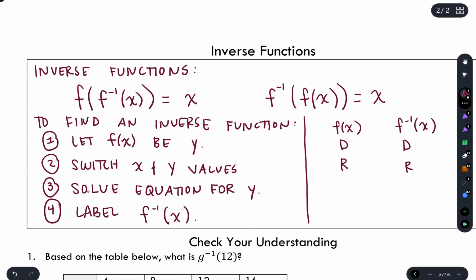And then now in my inverse function, I have my domain and my range. So they switch to each other, yes? So the range of my original function becomes the domain of my inverse function. The domain of the original function becomes the range of my inverse function. They are switching each other.